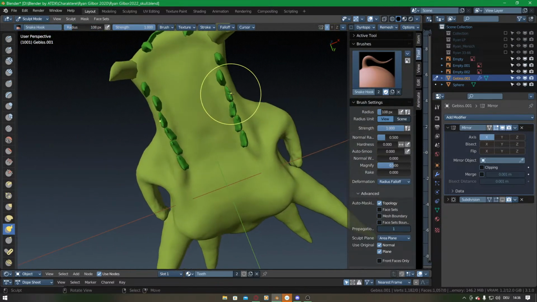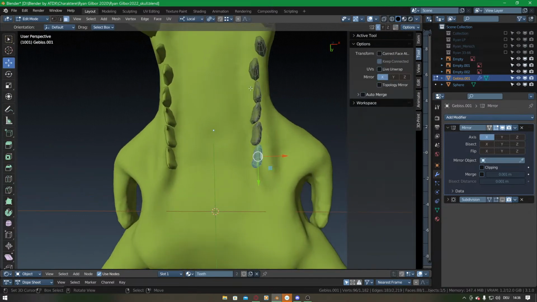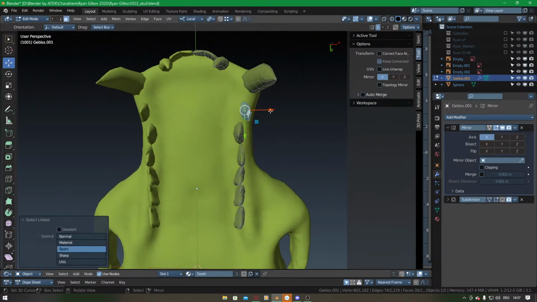Okay, it's obvious that they need to be better aligned.